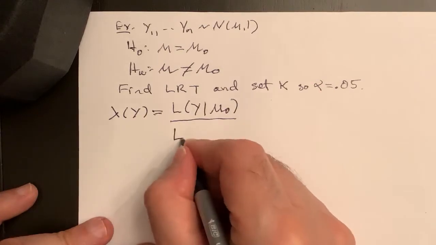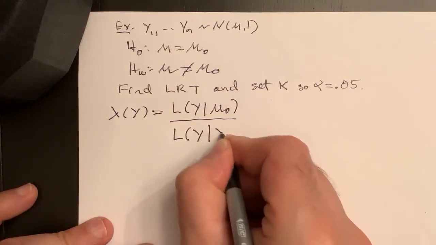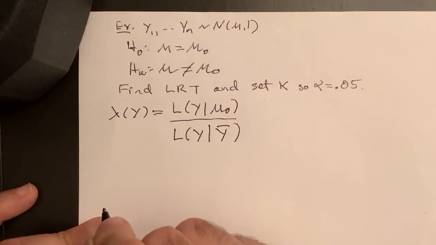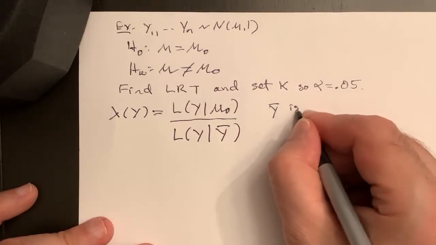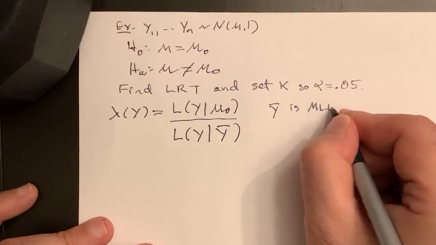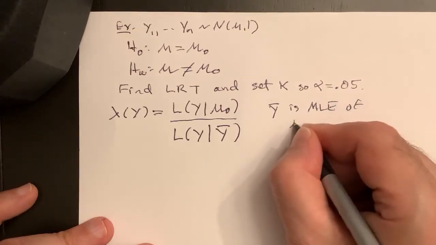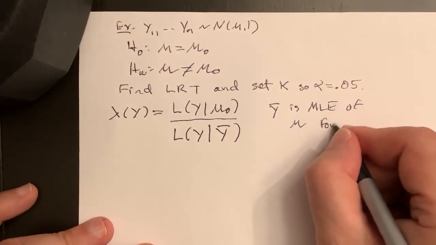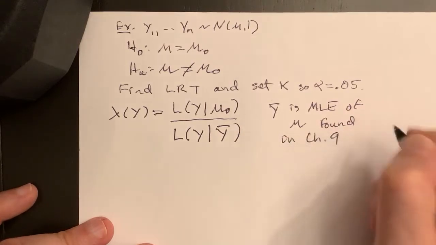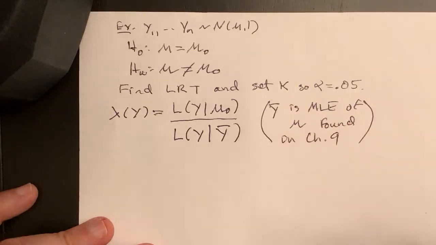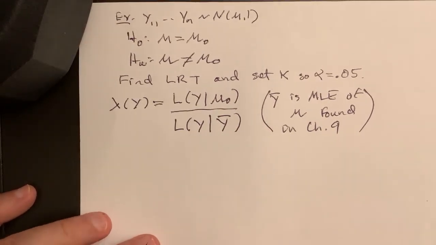So let's just write y bar is the MLE of mu, and this was found in chapter 9. So that just saves us a lot of steps.